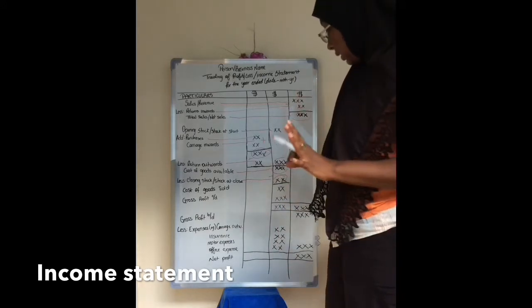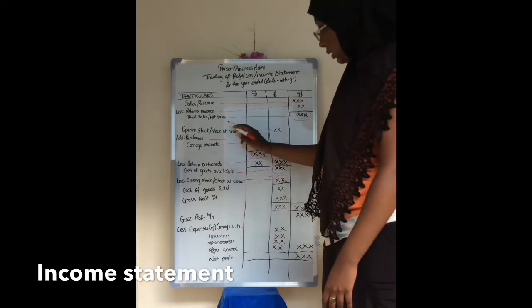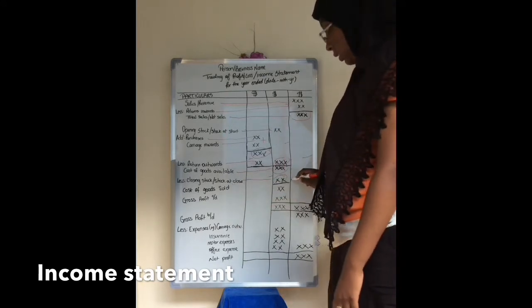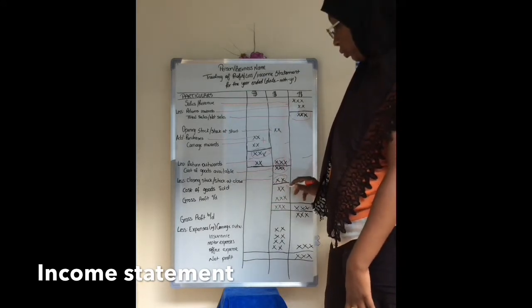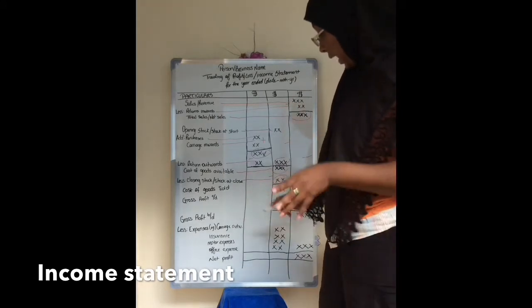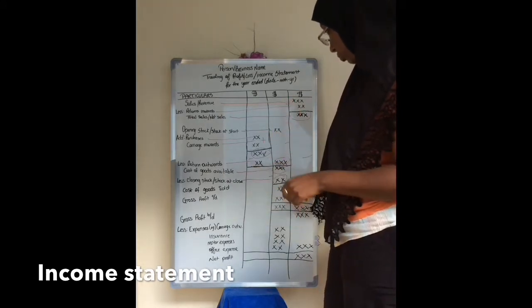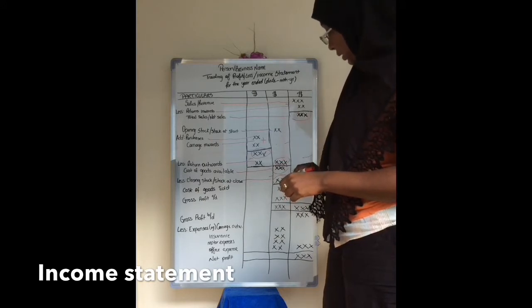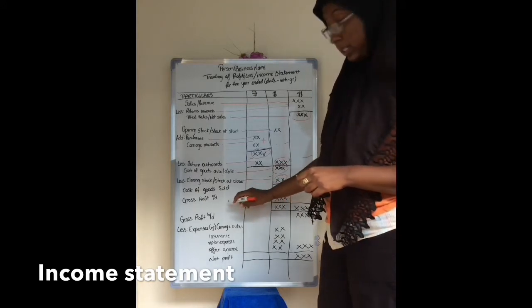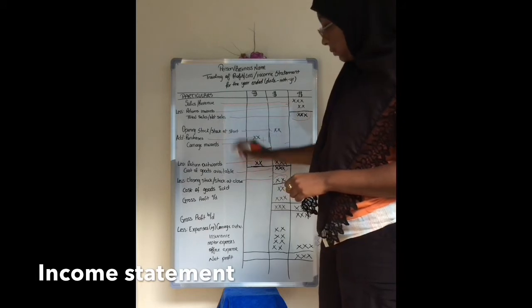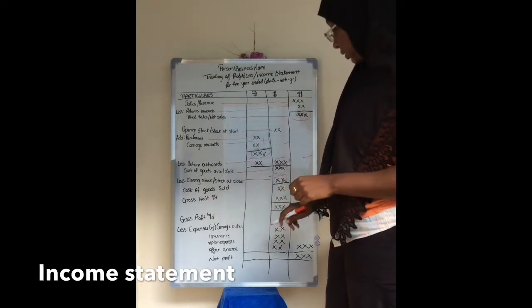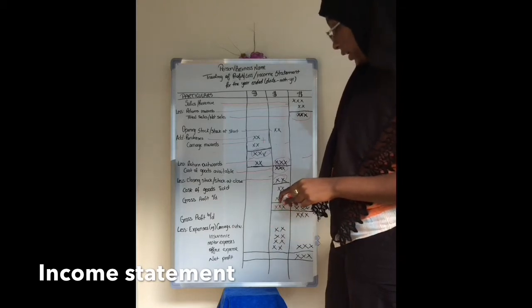Our next step is total sales or net sales minus your cost of goods sold, which will equal your gross profit carried down. So this minus this is equal to this. Net sales minus cost of goods sold is equal to your gross profit carried down.